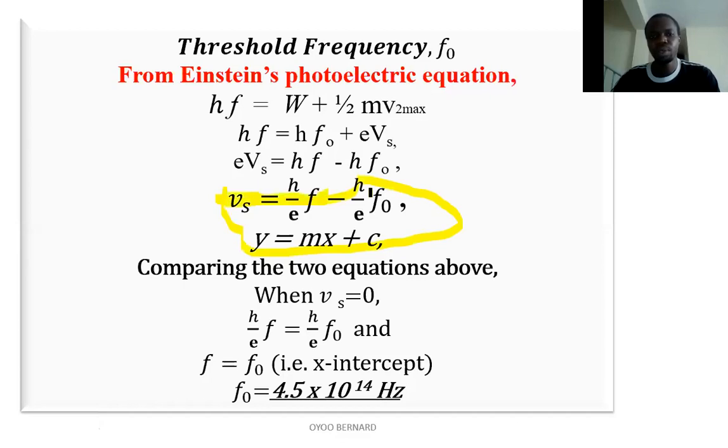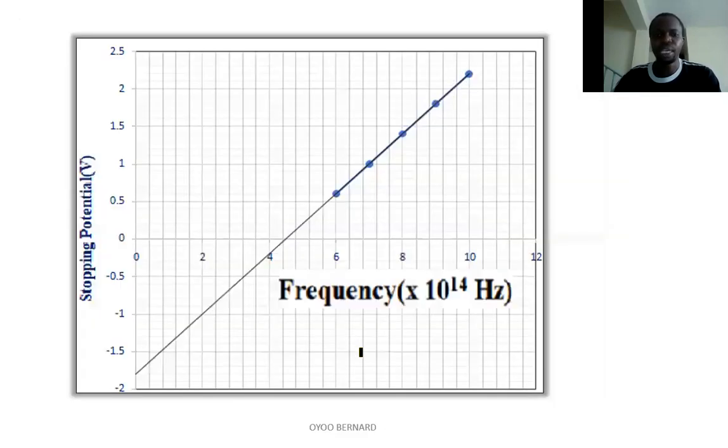When we compare the two equations, we can say that at the point where stopping potential is zero, what will remain is f equal to f naught, and that is the x-intercept. So threshold frequency is gotten by simply checking the x-intercept, the point where the graph cuts the x-axis.